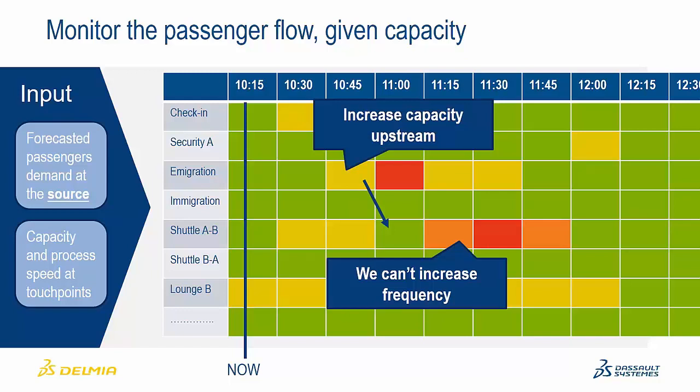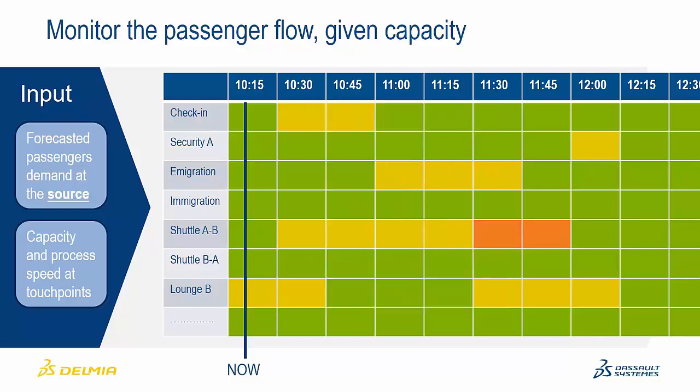So what if we increase the capacity at emigration? That means that passengers will be processed quicker and they will be moving earlier to the shuttle, where we see there is still sufficient capacity. So increasing capacity in an upstream resource could lead to solving the problem in your downstream resource.